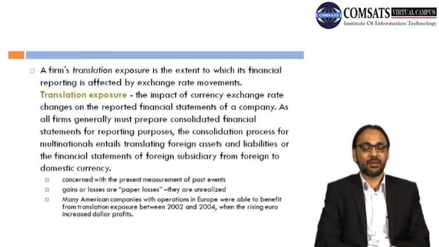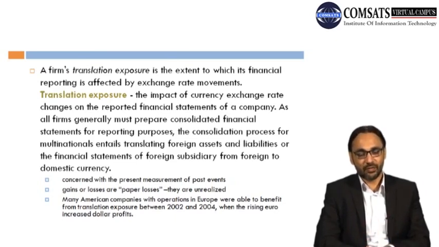As all firms generally must prepare consolidated financial statements for reporting purposes, the consolidation process for multinationals entails translating foreign assets, liabilities, and financial statements of foreign subsidiaries from the foreign to the domestic currency. This is the third sort of exposure. It is concerned with the present measurement of past events. The gains or losses are paper losses, they are unrealized.